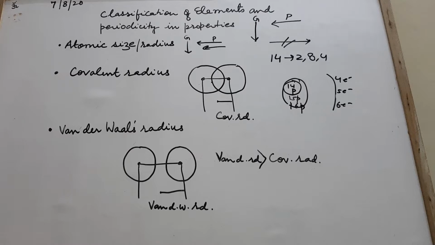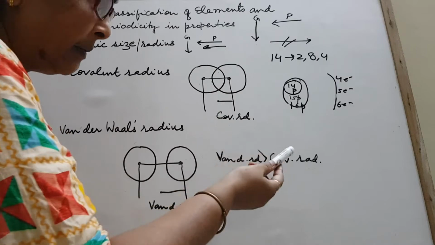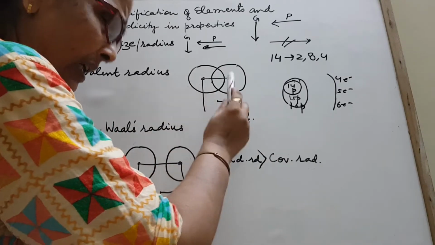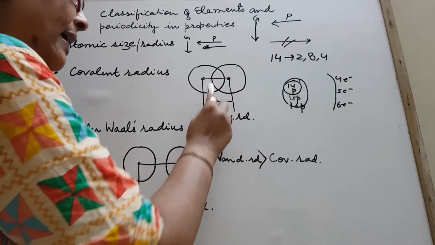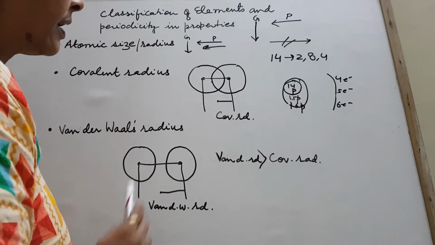This is 1/2 of the distance between the centers of the nuclei of two similar atoms bonded together by a single covalent bond. I repeat, suppose you have two similar atoms of any element and they are bonded together with the help of a single covalent bond. You take half of its distance, you call it covalent radius.